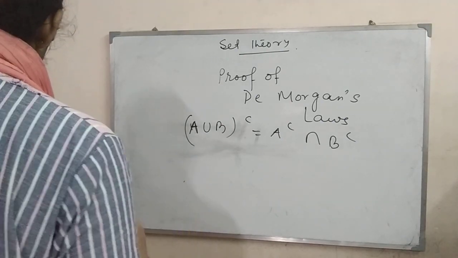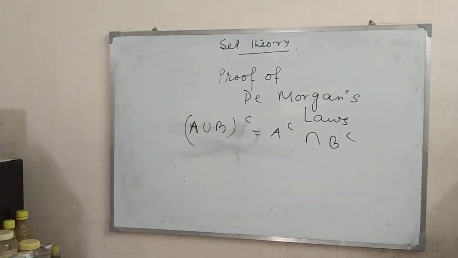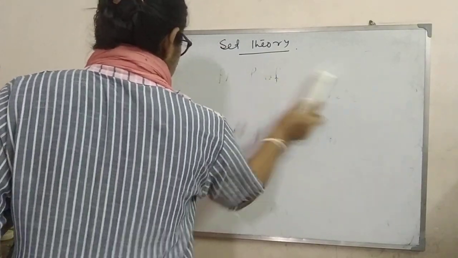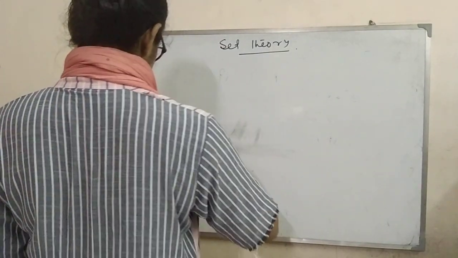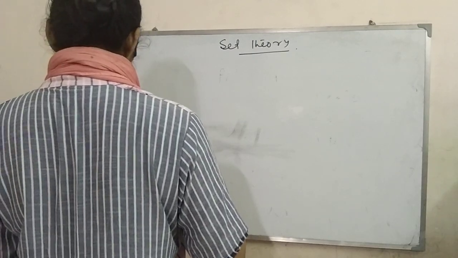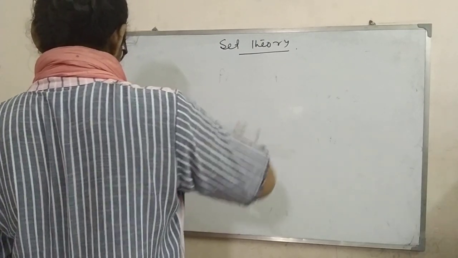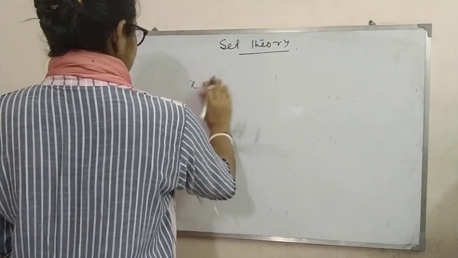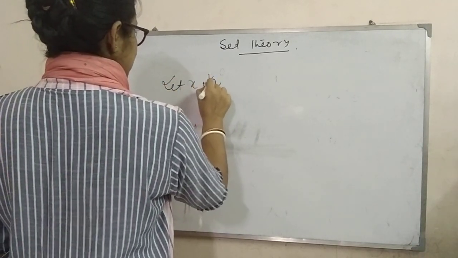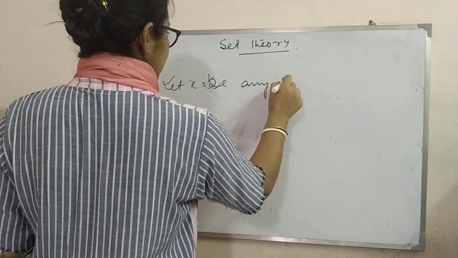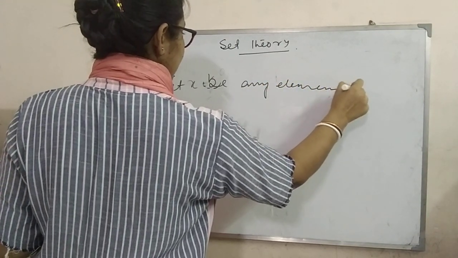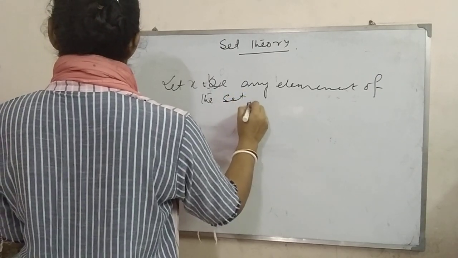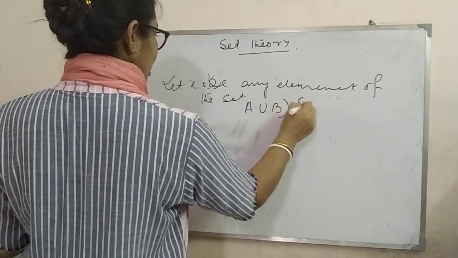So I am going to the proof. First, let X be any element of the set (A union B) complement.